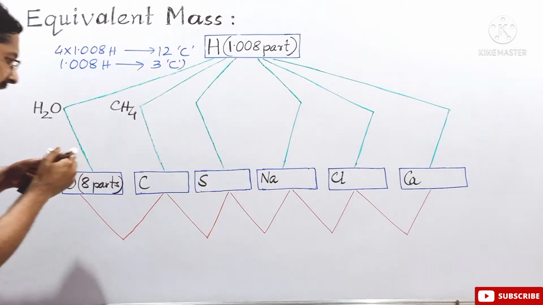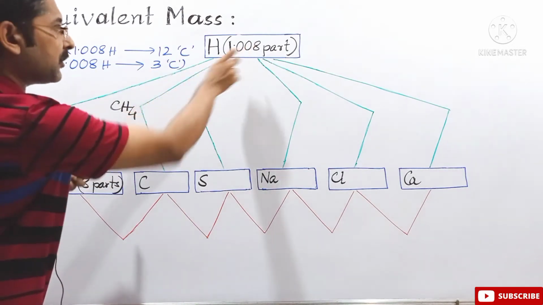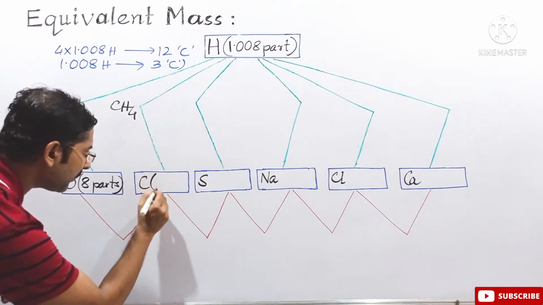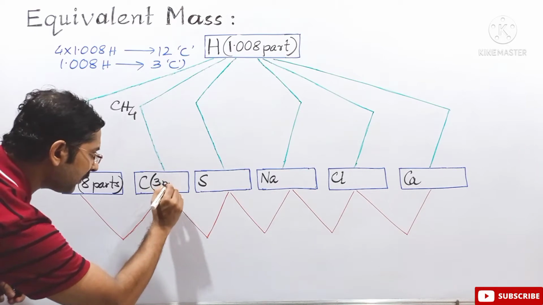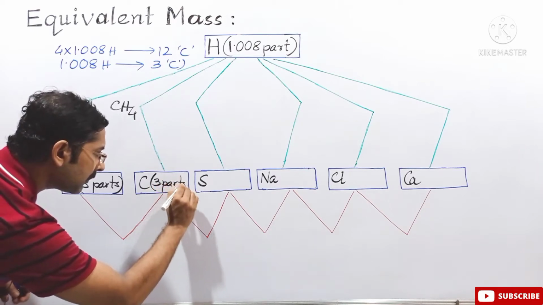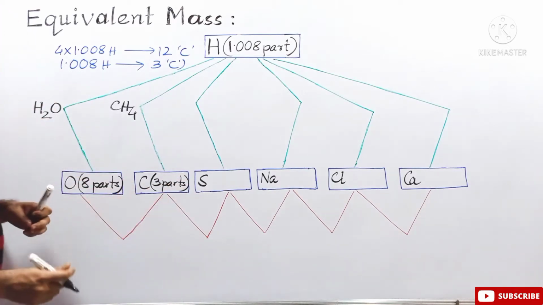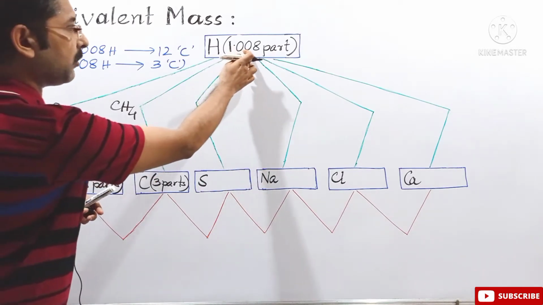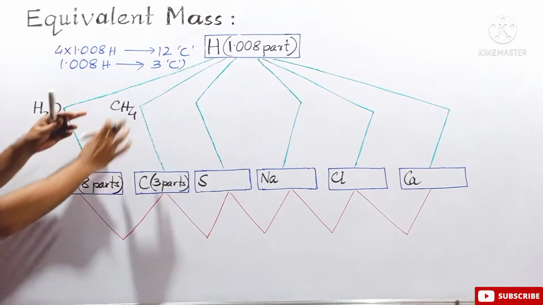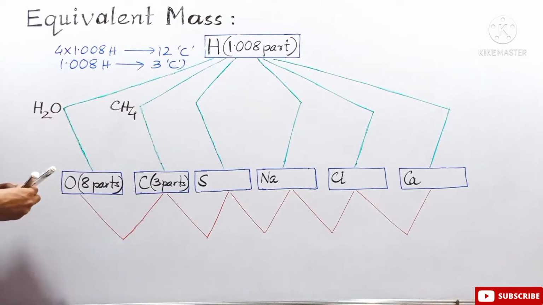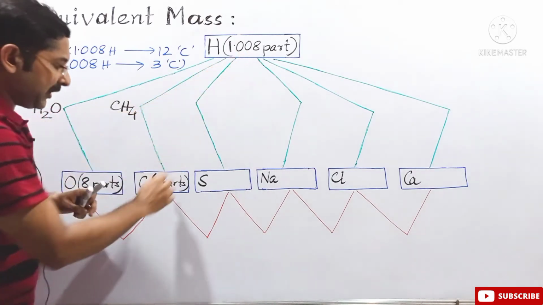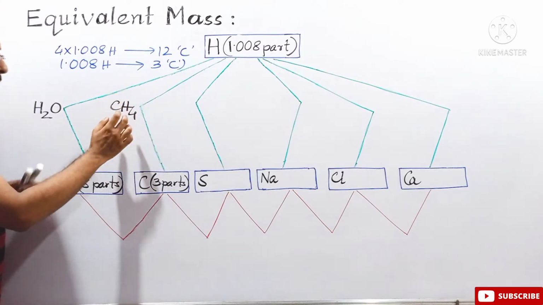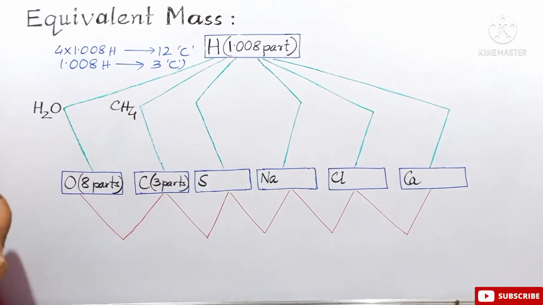So we can write 1.008 part of hydrogen combined with 3 parts of carbon by weight, of course. So 1.008:3 is their weight ratio, okay, to form the molecule methane.